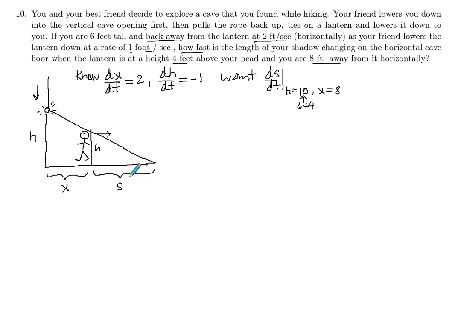So now we need to decide what are the relationships in the problem. And here, when we are talking about shadows, remember I told you shadows are usually a clue that we are looking at similar triangles. And in fact, these are both right triangles. So the ratio of height to base for the small triangle will equal height to base for the larger triangle.